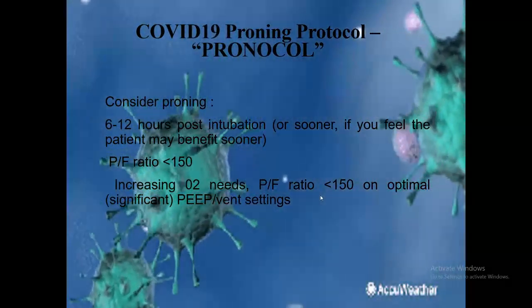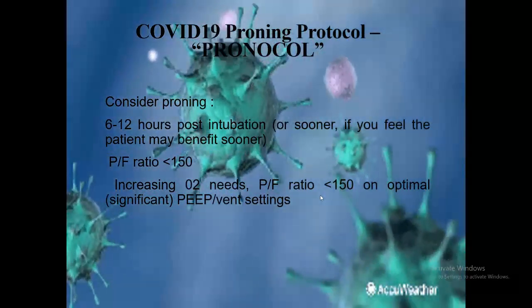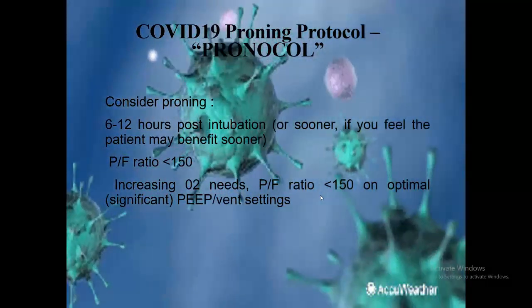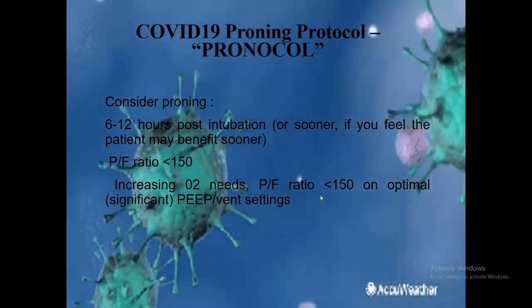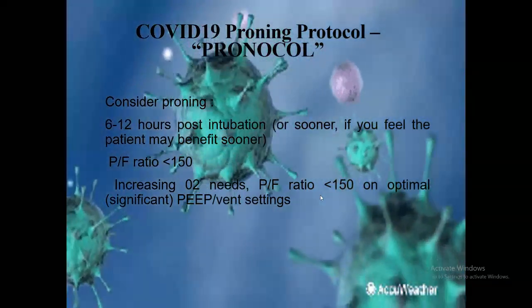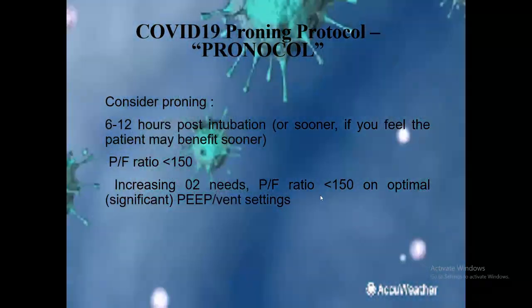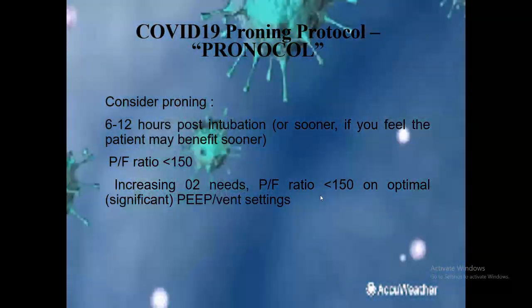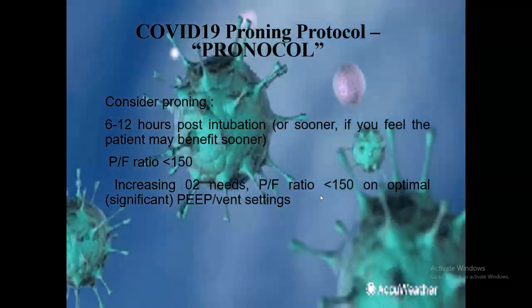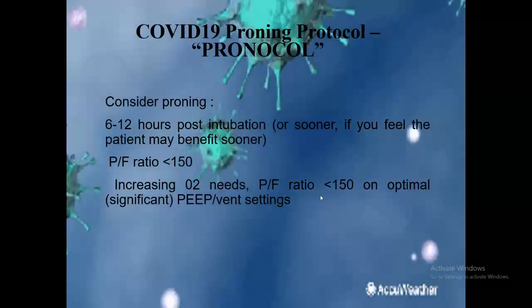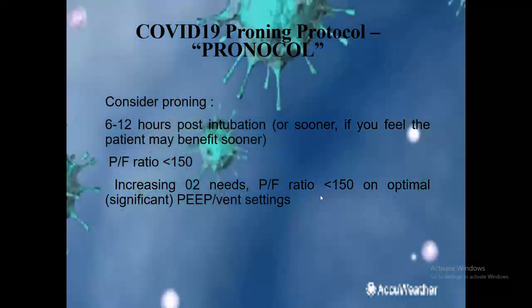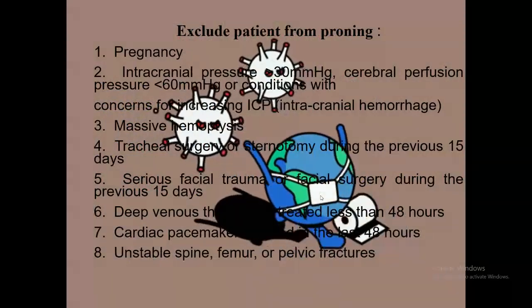The PF ratio must be less than 150, with increasing oxygen need, and optimal ventilator parameters including high PEEP and high ventilatory settings according to lung protective strategy. If you feel your patient's oxygenation is not improving, don't hesitate and go for early proning.